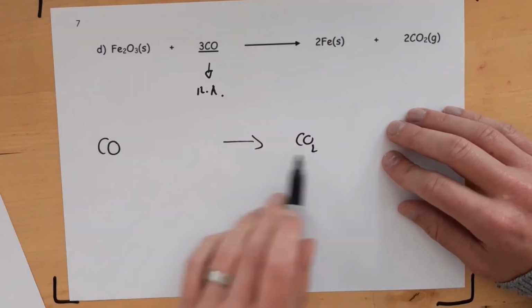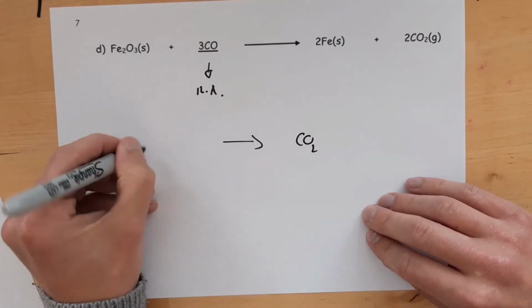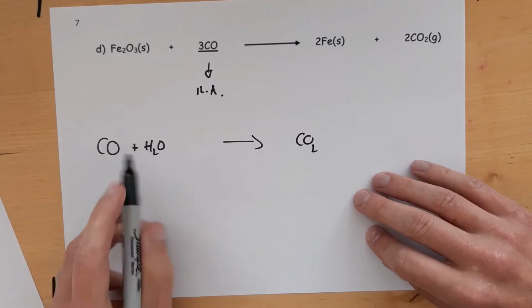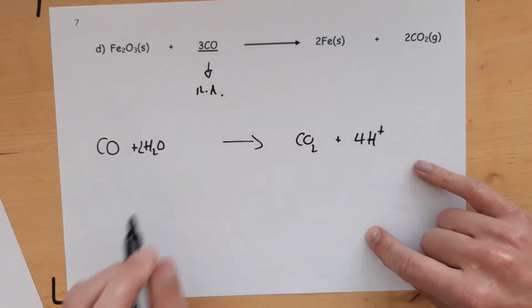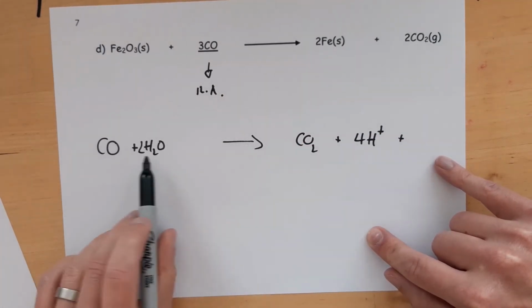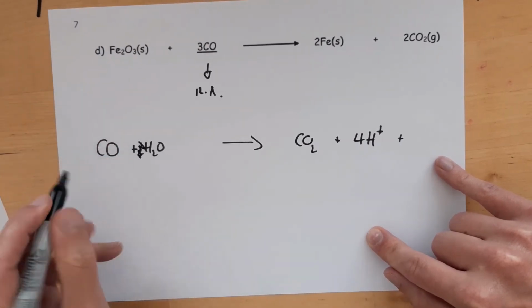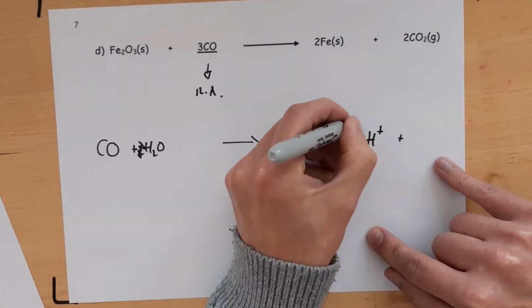CO2. How do we go from this to this? Well, oxygens, we've got an imbalance here. So we need 2 of those, and therefore we need 4 H pluses. Let's just check the balances. 2 of those, 2 of those.